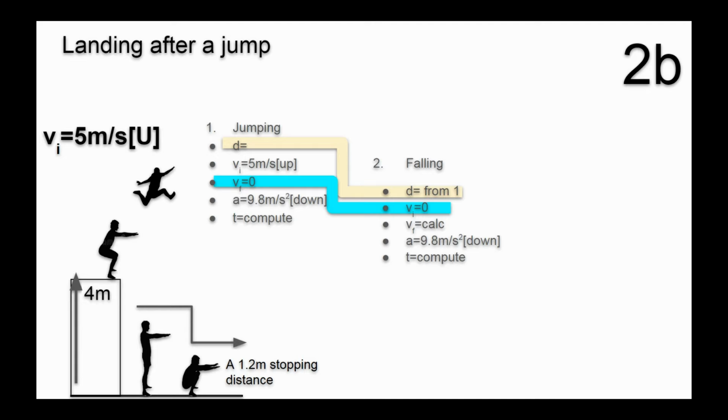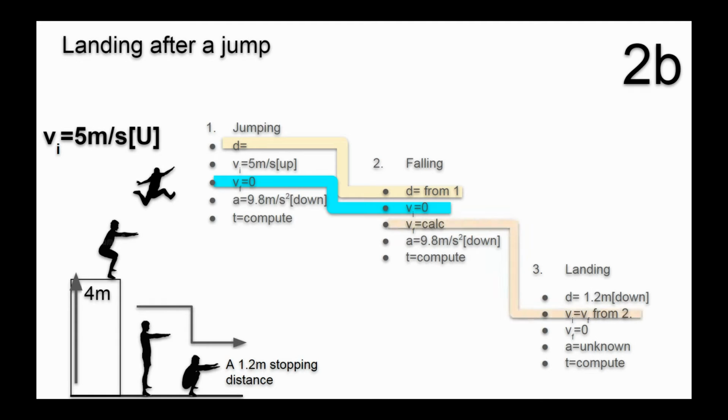They begin to fall from the height they achieved in part 1, and the VF of 0 in part 1 becomes the initial speed in part 2. This will continue on to part 3, where the final speed in part 2 becomes the starting speed in part 3. The distance now, though, has nothing to do with the jump. This man has landed on his feet, and the distance of 1.2 meters down is due to him crouching.